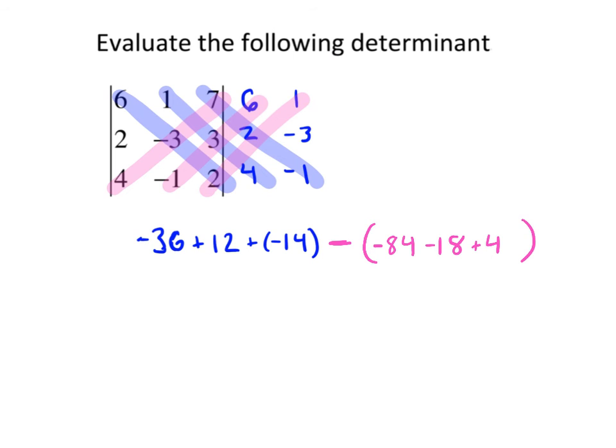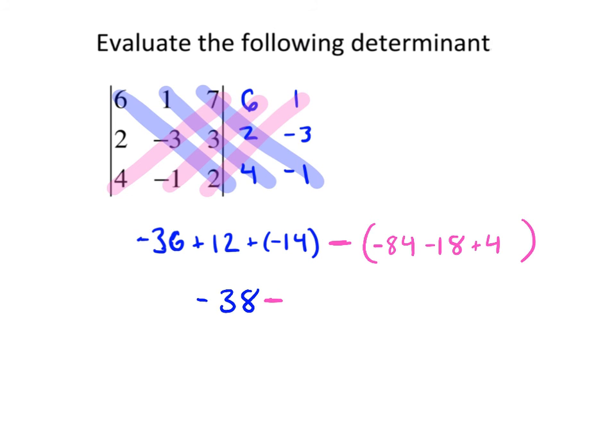So let's add up all of our majors together. Negative 36 plus 12 minus 14. Just the majors. Negative 38. Now let's add up all of our minors together.